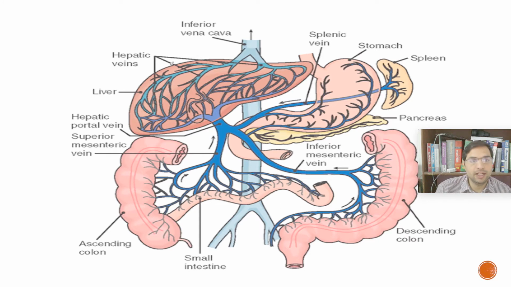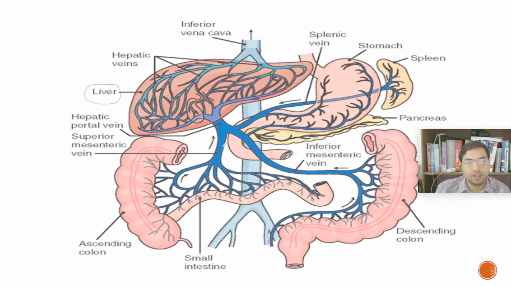We know that the liver receives blood supply from two sources. In this photograph, only one source is given. One source is the portal vein; although it is a vein, it supplies blood to the liver.